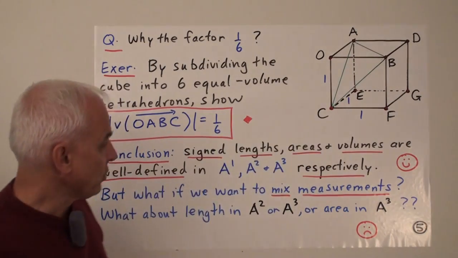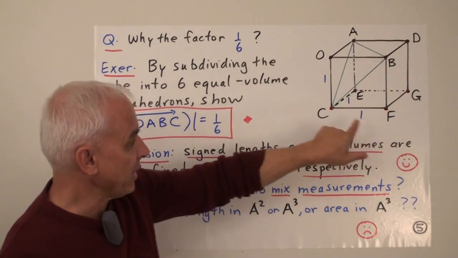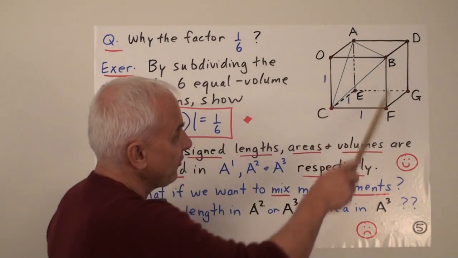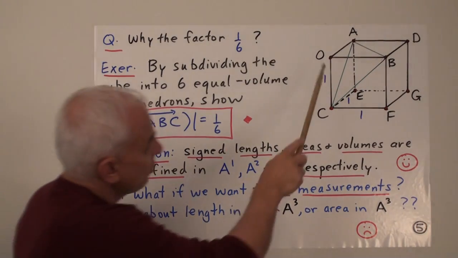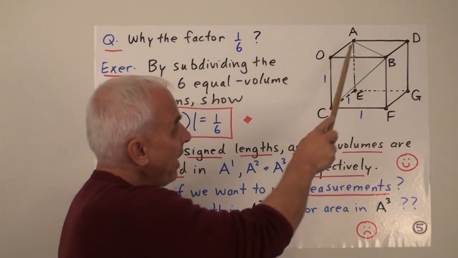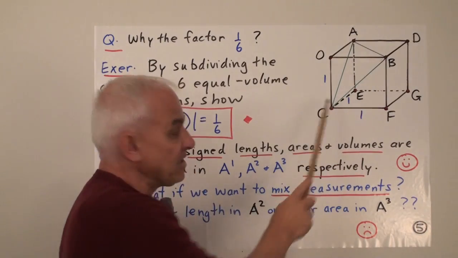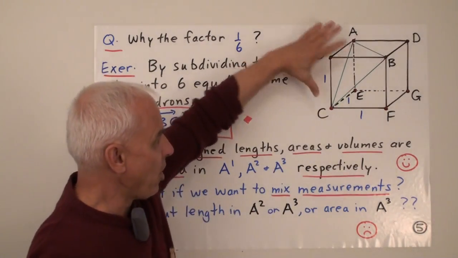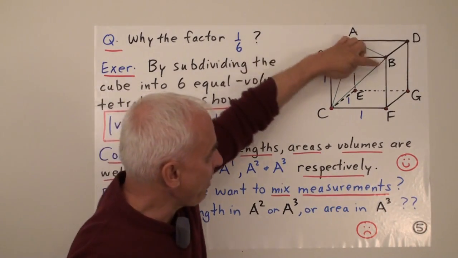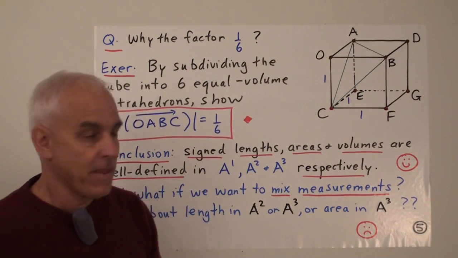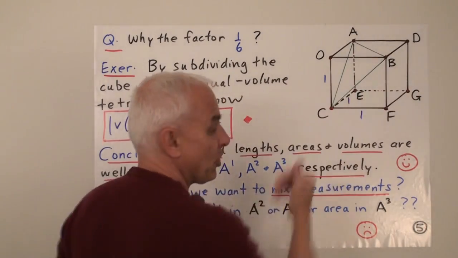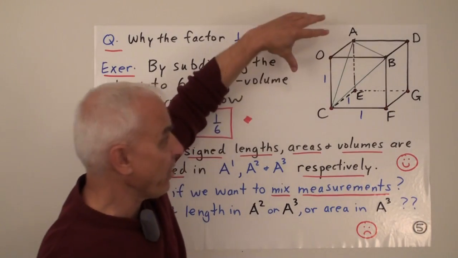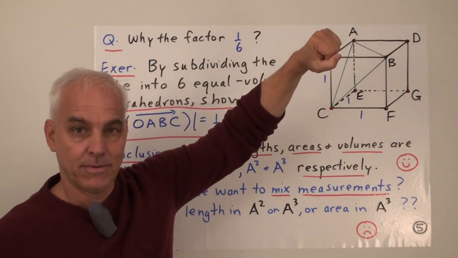So here is a cube, say a unit cube, sides are 1, labeled like this. And we're looking at this vertex O here and thinking about these 3 adjacent vertices in the cube, in other words, the nearest neighbors to O on the cube. They form an equilateral triangle. And if you imagine slicing the cube with a plane through those 3 points, then you would separate off a tetrahedron.